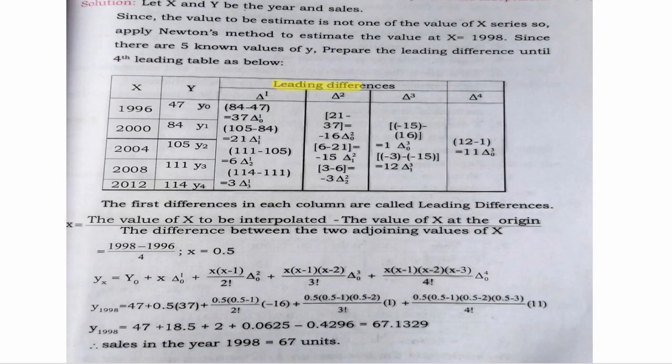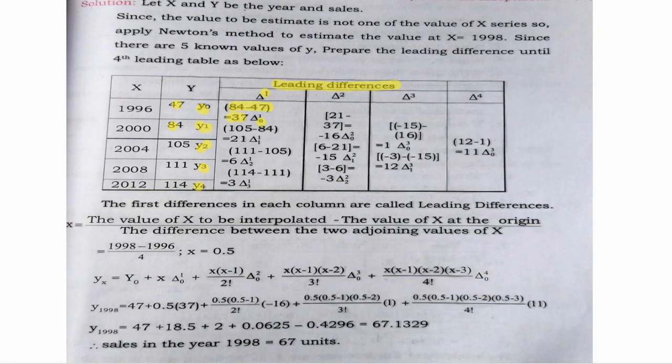You know how to prepare the leading difference table. Y1 minus Y0, Y2 minus Y1, Y3 minus Y2, Y4 minus Y3; that is delta 1. Here 84 minus 47 is 37, delta not 1.